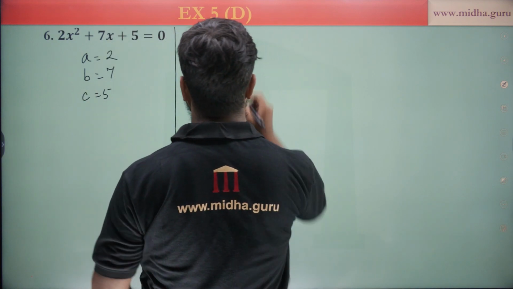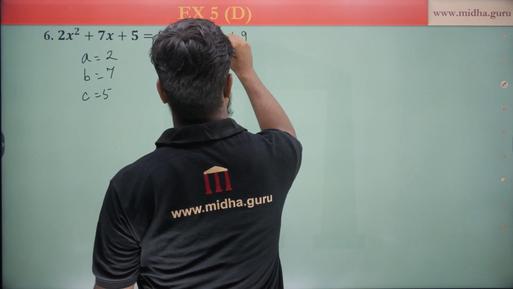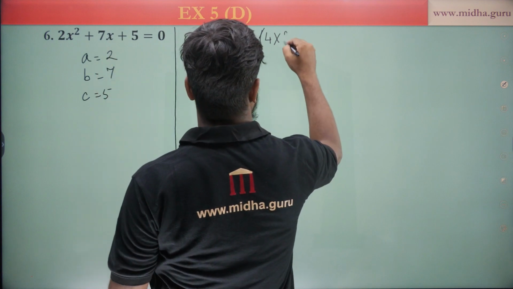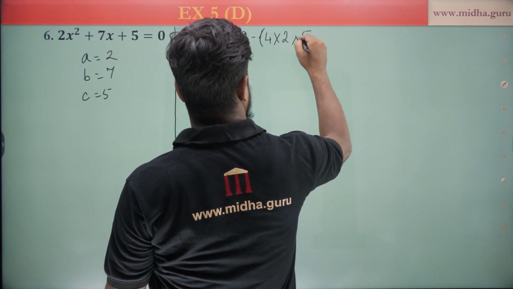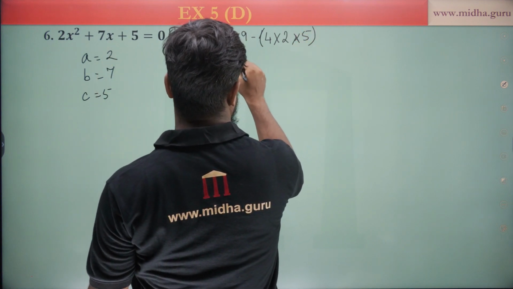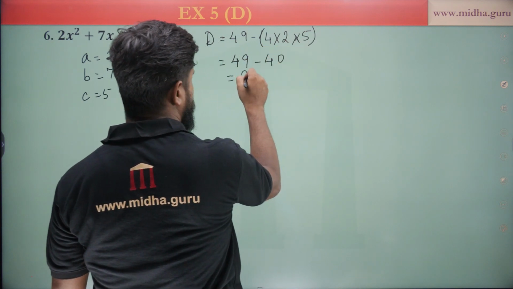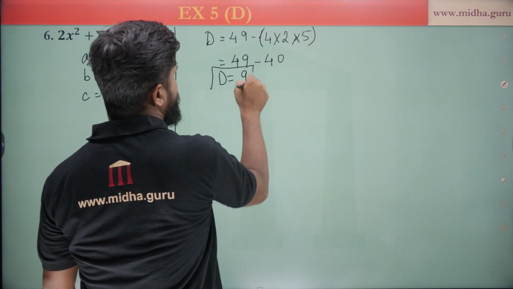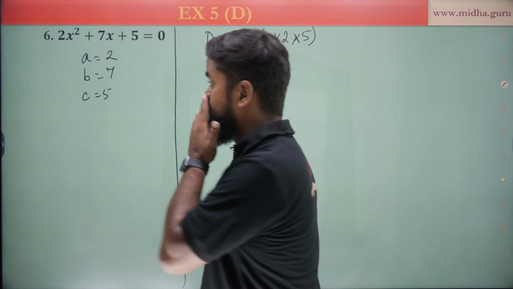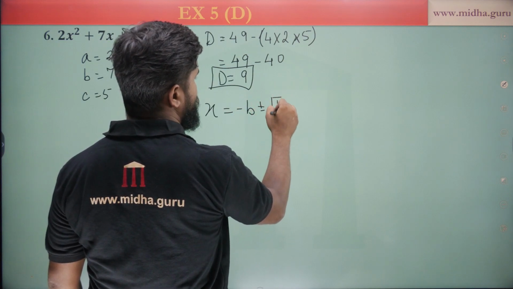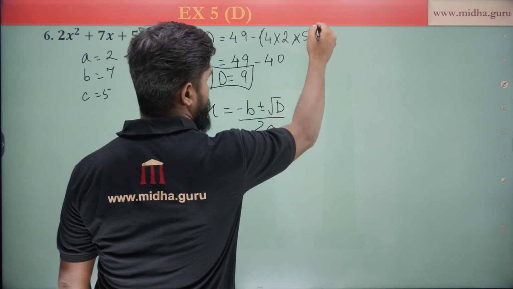So now b is 7, so b squared will be 49 minus 4 into a being 2 and c being 5. So we have 49 minus 4 into 2, 8 into 5, 40 is equal to 9. So the discriminant is 9. Now coming back to the quadratic formula, which is minus b plus or minus the root of d divided by 2a.